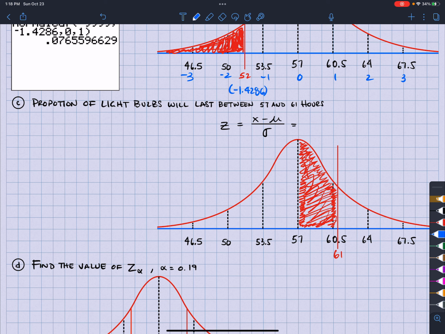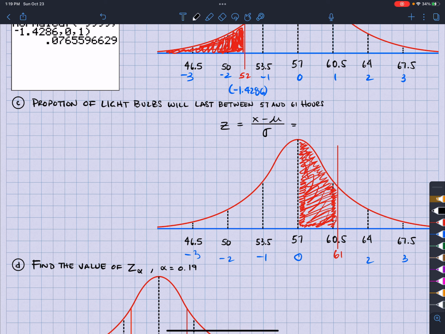So I normalize this. This is actually 0. And 61 is so close on it, I can't even put down 1 there, but I know it's between 1 and 2. So let's normalize that 61, because normalizing 57 is easy, right? That's just 0 because that is the mean.